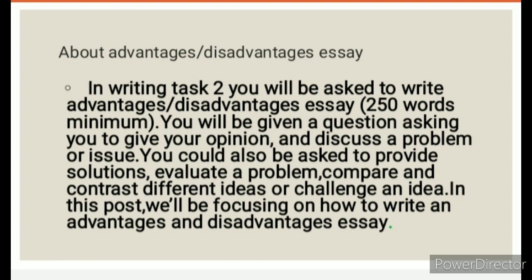You will be given a question asking you to give your opinion and discuss a problem or issue. You could also be asked to provide solutions, evaluate a problem, compare and contrast different ideas, or challenge an idea.